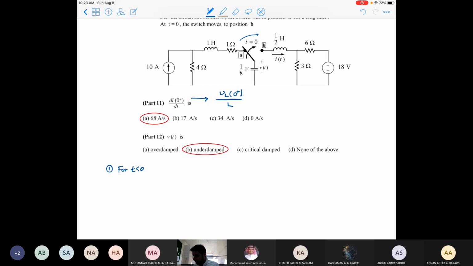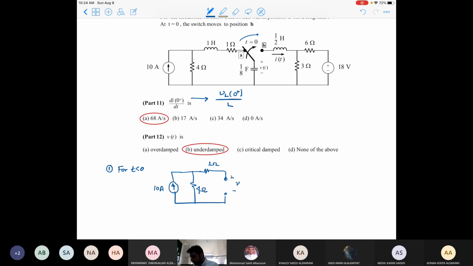For t less than 0, the switch is at position A. So the initial voltage across the capacitor. We have an inductor of 1 Henry, and this will behave like a short circuit. We have a 1 ohm resistor, and we have a capacitor here, and again here we have a 4 ohm resistor.